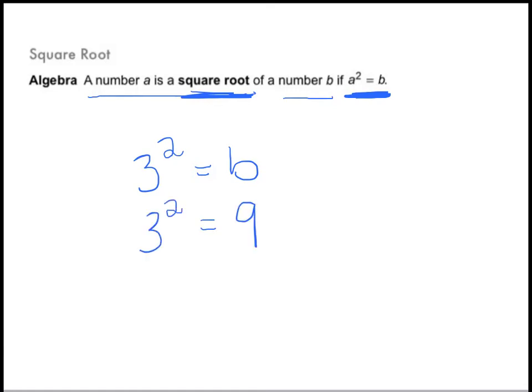So the number A, in this case it's 3, is known as the square root of B, in this case 9.